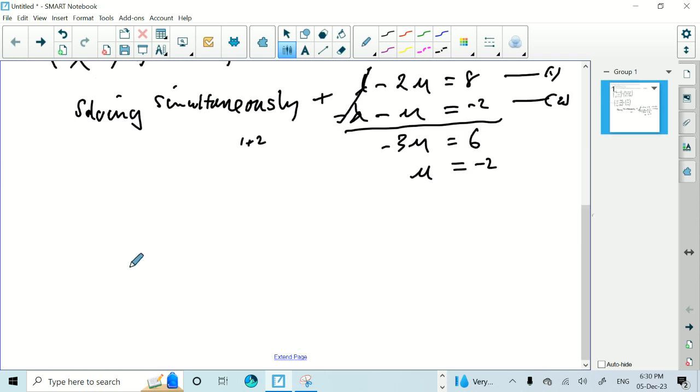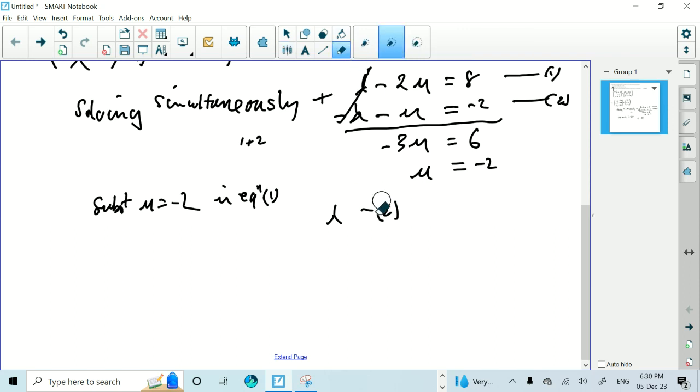Now substitute mu is equal to minus 2 in equation 1. I'm going to get lambda minus 2 and mu is equal to minus 2, so substitute that in, is equal to 8.